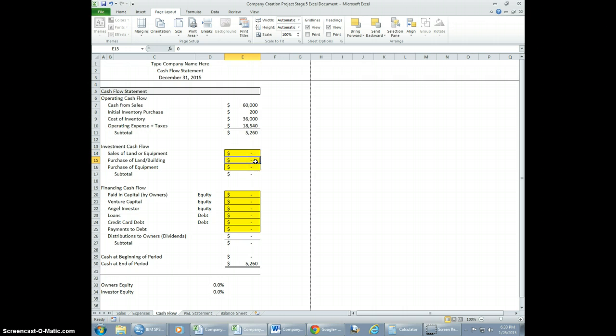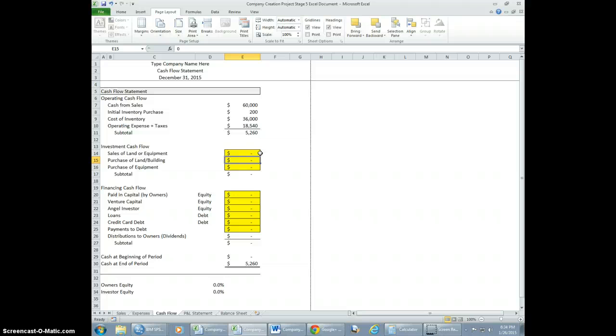For the purchase of land and building, this would be if you needed to, as it seems, buy any land or building for your company, as opposed to if you were going to rent either of these things, that would be reflected back on your fixed monthly expenses.